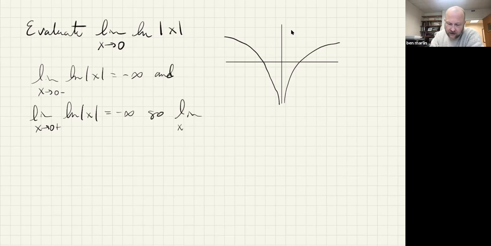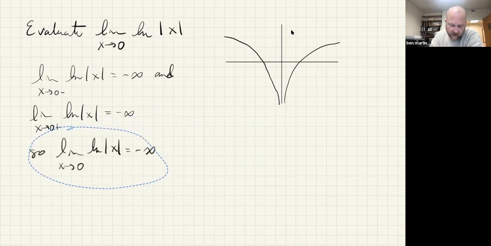So the limit as x goes to 0, not one-sided, but just in general, is going to be equal to minus infinity. And I am going to move those down here.